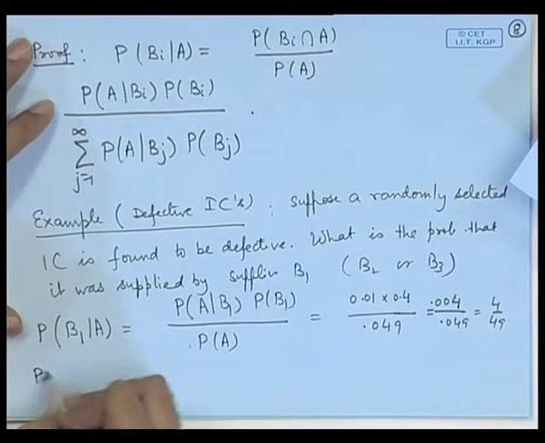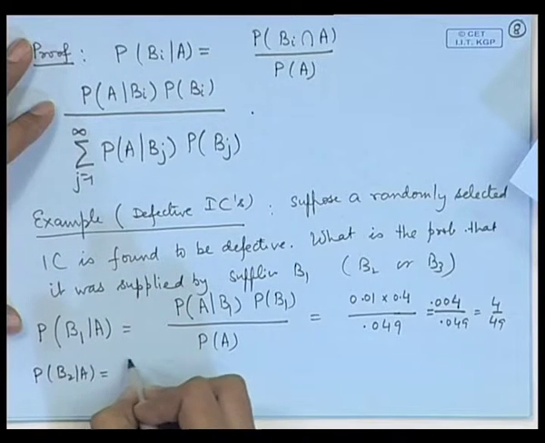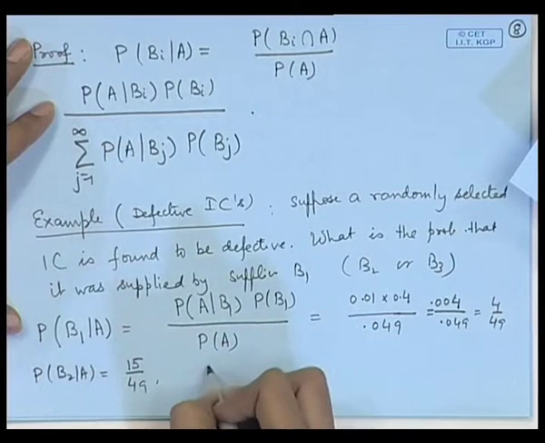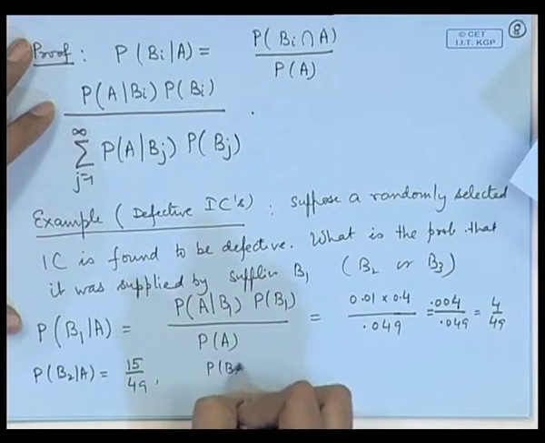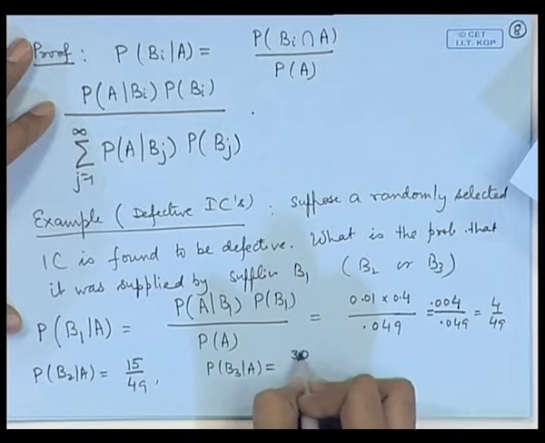If we look at probability of B 2 given A, then in the same logic this will become equal to 15 by 49. If we calculate probability of B 3 given A, then by the same logic it will become 30 by 49.